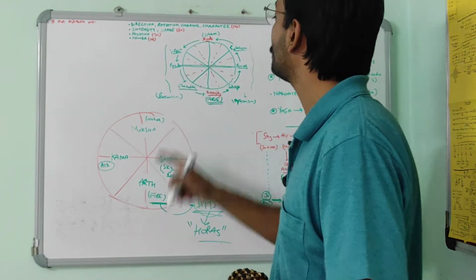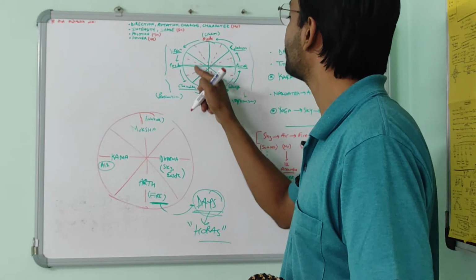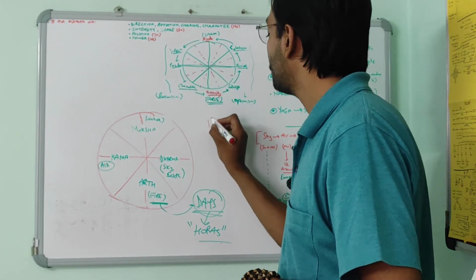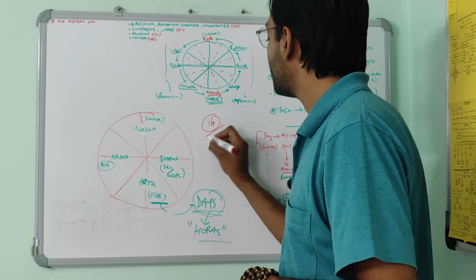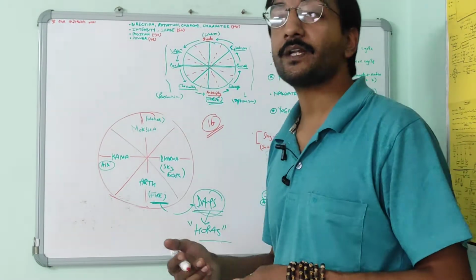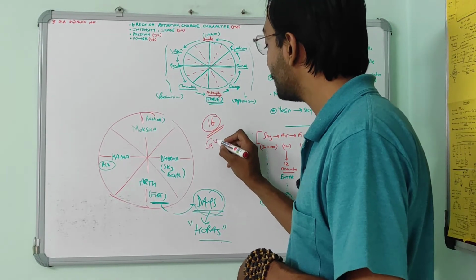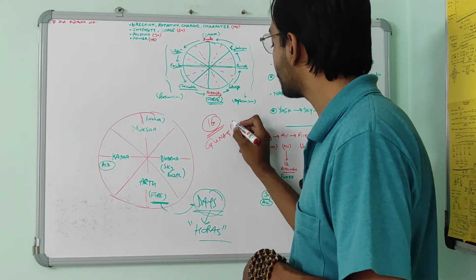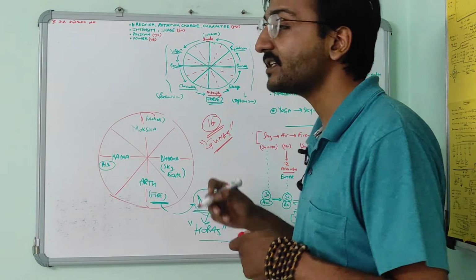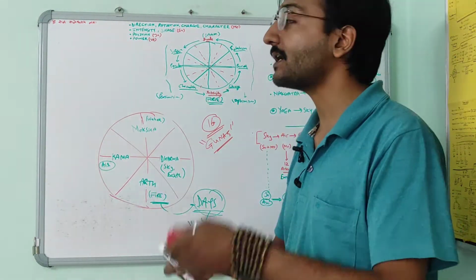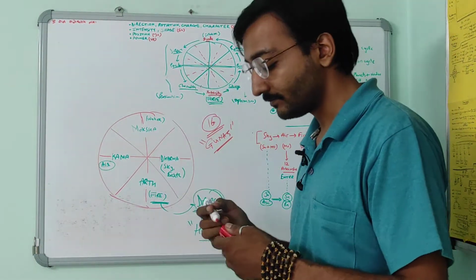How many spokes do you get? 1, 2, 3, 4, 5, 6, 7, 8. 8 twos are 16. The 16 different characteristics of the soul are called 16 gunas. From these 16 gunas, 8 gunas are more important, which I taught you.